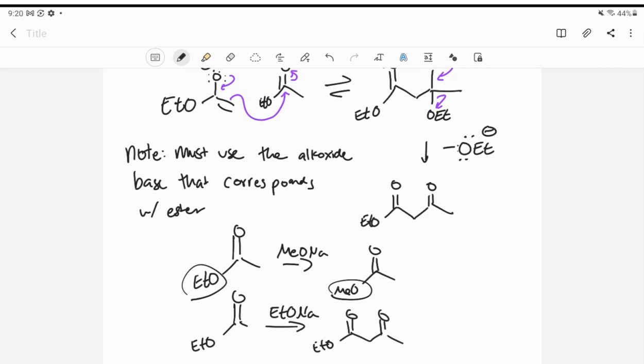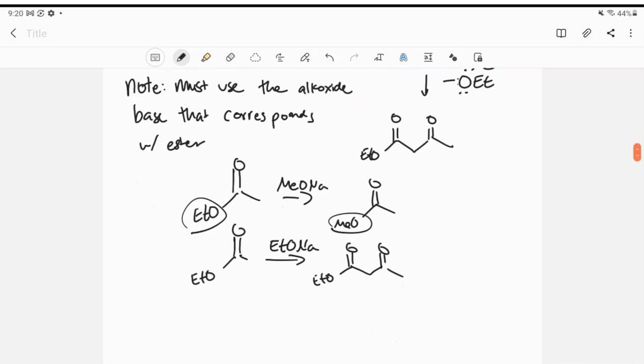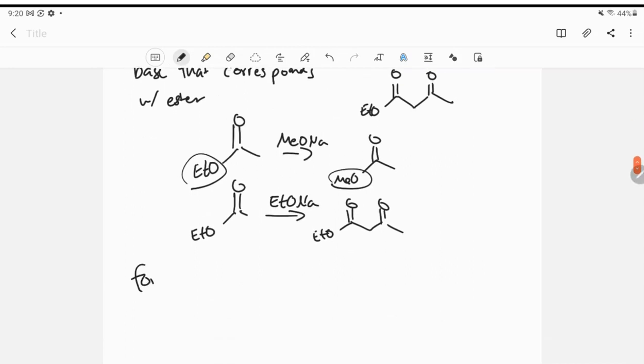All right, so if we want to do a crossed Claisen, or a mixed one as it's called sometimes, we're going to see the same kind of conditions that we considered with aldol for doing a mixed aldol reaction.